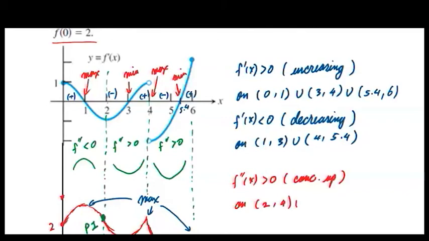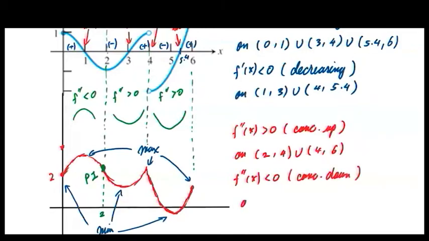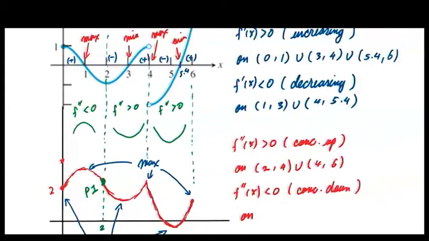And when it doesn't exist, you have to exclude it because it's always parenthesis. And from 4 to 6. You with me? Okay. And then f double prime of x is negative, meaning concave down on, where that slope is negative, which is just that part only, between 0 and 2. You get it?